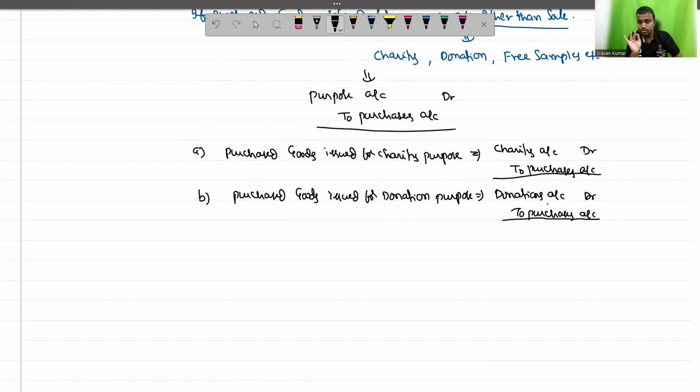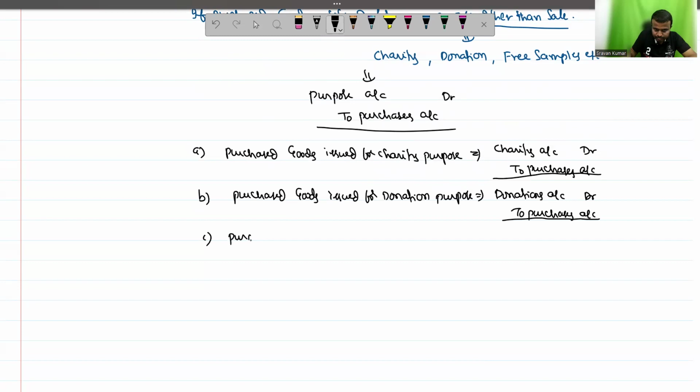In that case, don't use the word sale, because we are not selling the product, right? We are utilizing the product for another purpose other than sale. When the goods are purchased for resale purpose, we consider it as purchases, but we are not utilizing it for resale purpose. So simply reduce purchases. Generally, purchases is a debit item, having a debit balance. So we have to reduce it. So that's why we give the credit to the corresponding purchases.